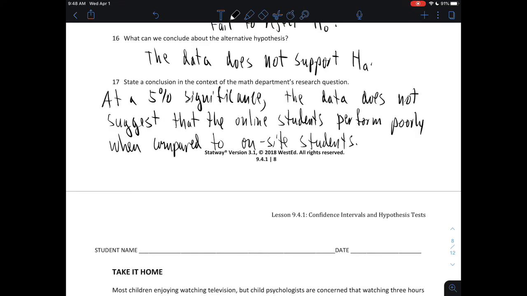There is a difference in those sample mean scores, but it isn't that significant of a difference. So that data does not suggest that one is doing differently than the other. They're essentially doing the same. So that means the same thing as saying the online students don't seem to be performing poorly when compared to the on-site students.